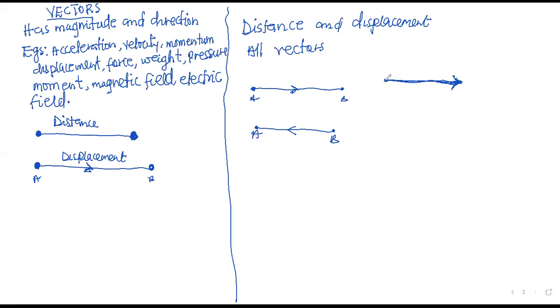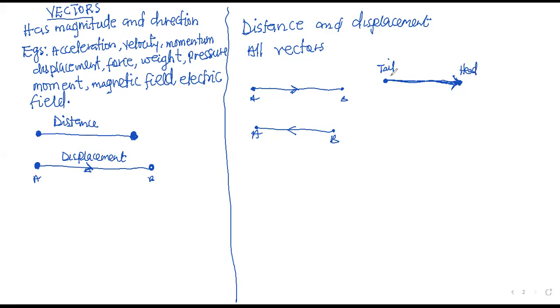The point where the motion starts is the tail of the vector, and where the arrow is, is the head.